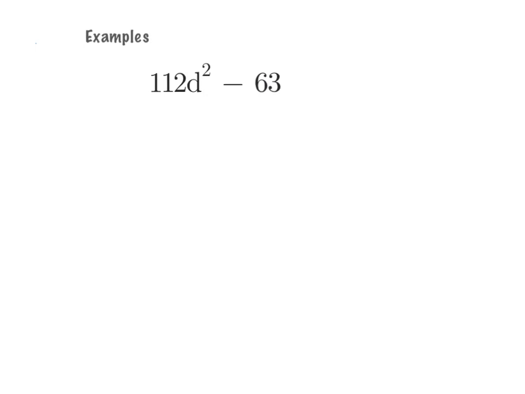Okay, so what is the GCF? It is 7. So if we factor out the 7, we get 7 times the quantity 16d squared minus 9.